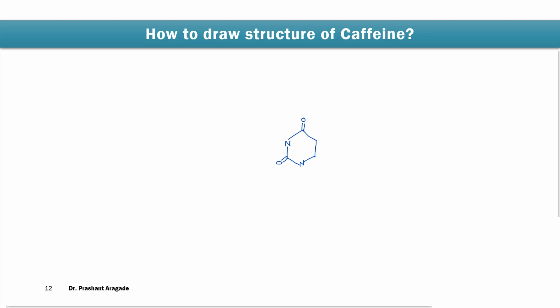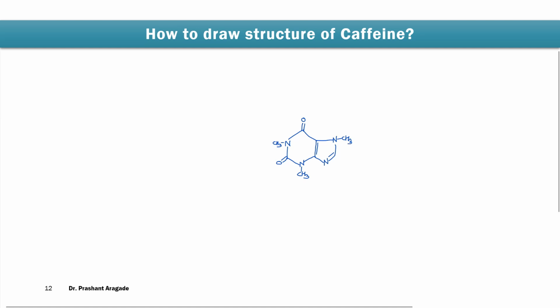Now complete the next portion, that is imidazole, a 5-member ring containing 2 nitrogens, one at position 1 and another at position 3. Now supply the double bond to the imidazole and add the methyl group at position 1, position 3 and position 7.